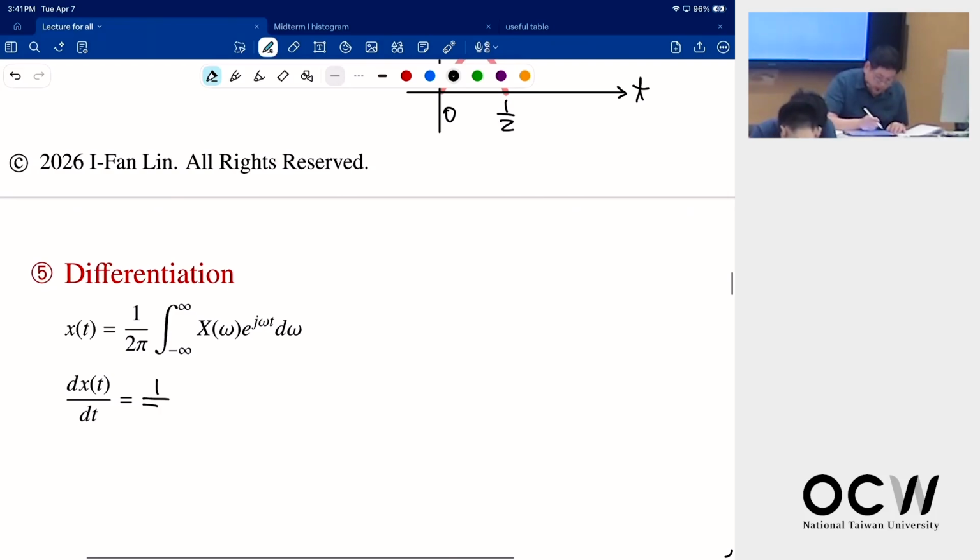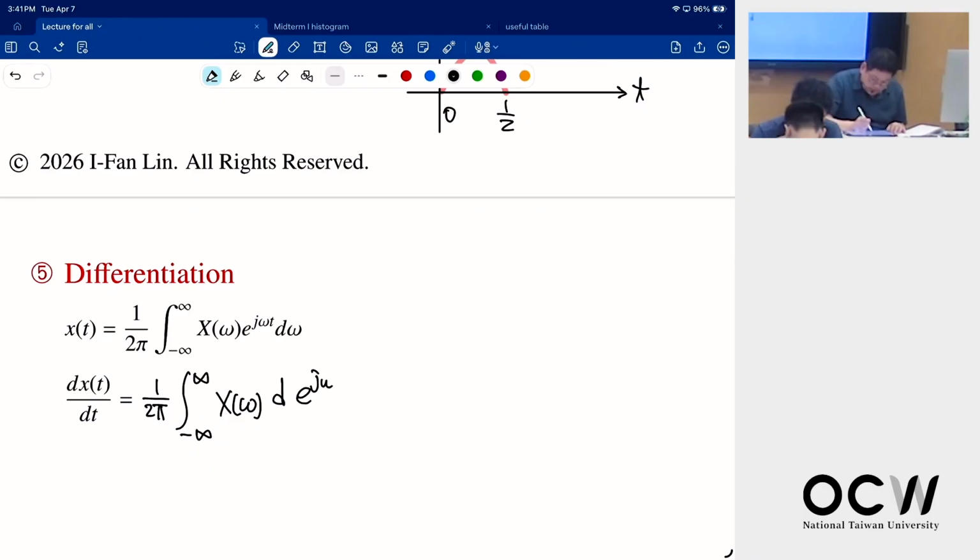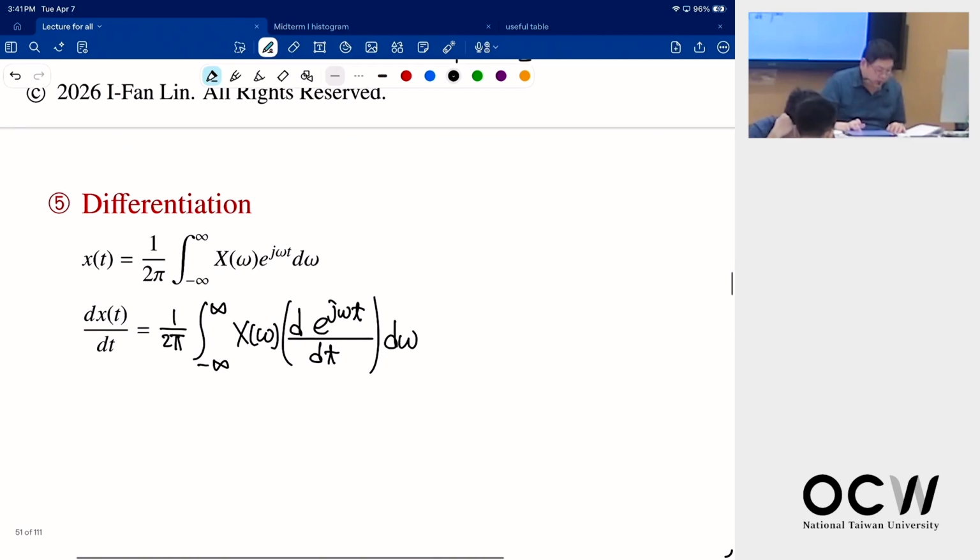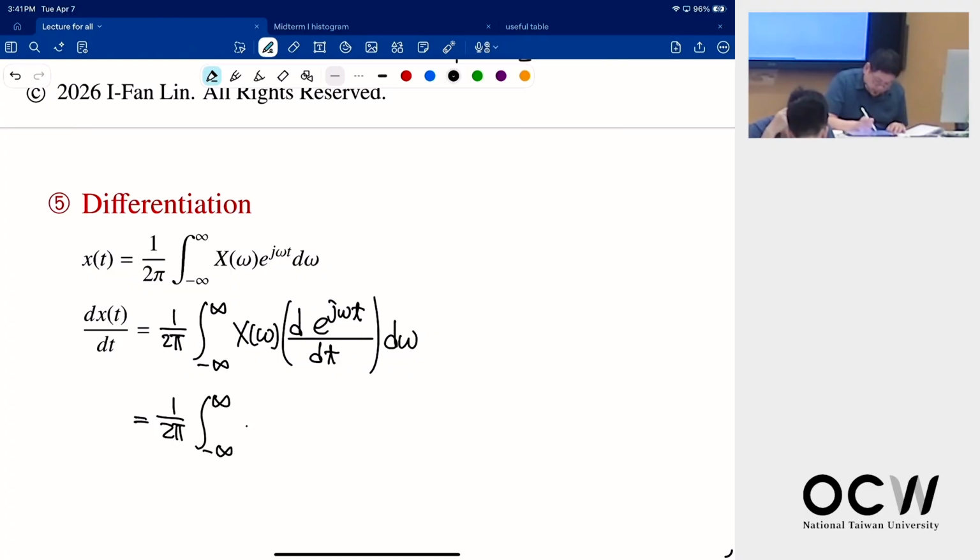That'll be 1 over 2 pi, X omega, d e to the j omega t dt, d omega. Okay. So 1 over 2 pi, X omega, e to the j omega t.